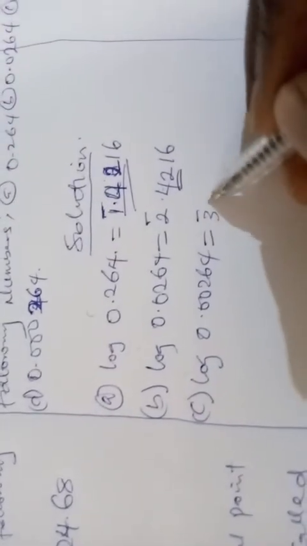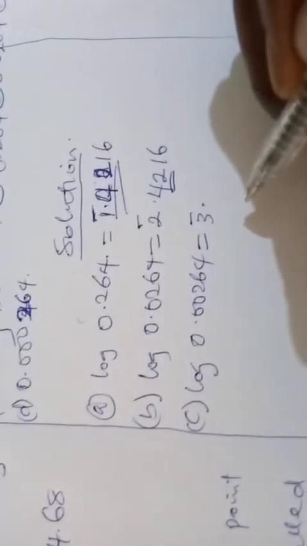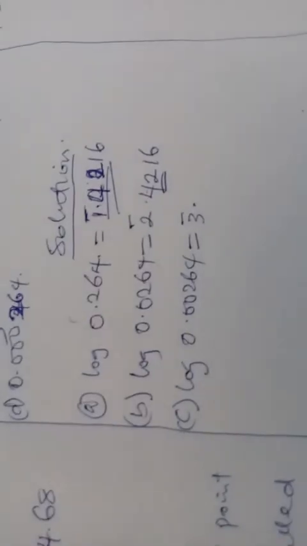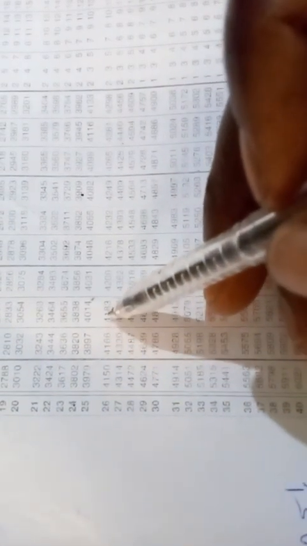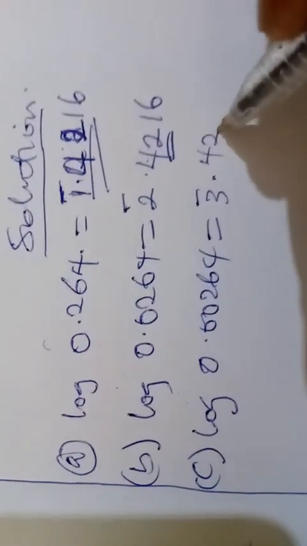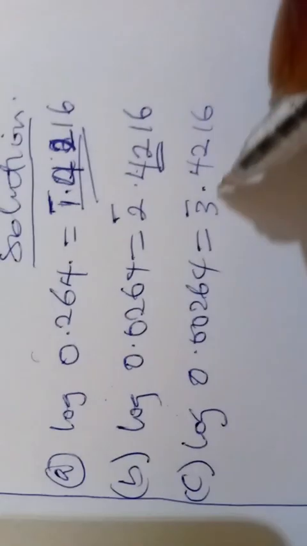So it's going to be bar 3, which is minus 3. You treat that bar 3 as minus 3. Check 26 under 4. 26. 0, 1, 2, 3, 4. That's 4216. So you write it as 4216.